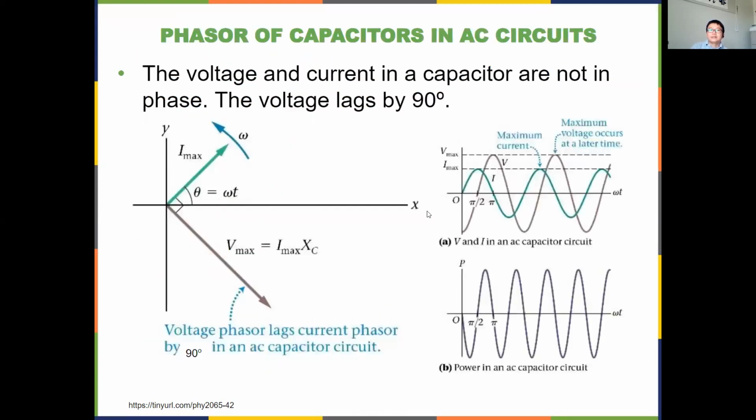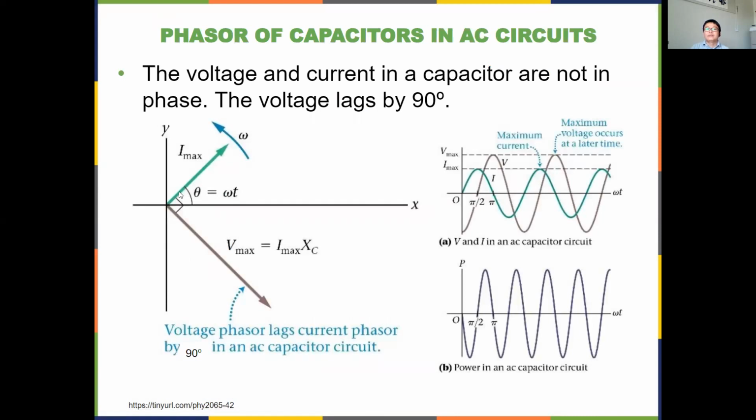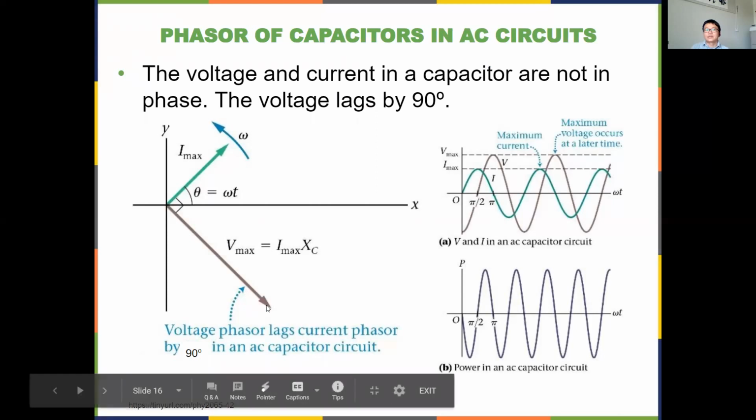Now, on the other hand, if you have a capacitor in an AC circuit, you can represent its voltage phasor and its current phasor, Vmax and Imax. For a capacitor in an AC source, we know that the current leads by 90 degrees. So this Imax phasor will be perpendicular to Vmax.